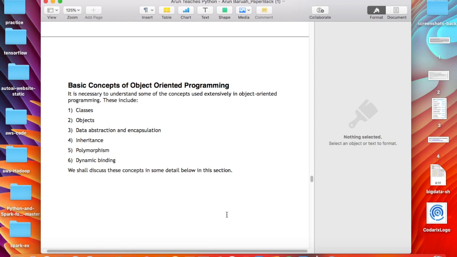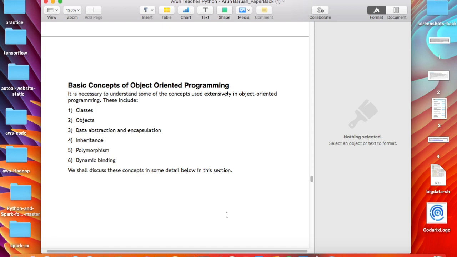Okay, now let us see some basic concepts of object oriented programming. Okay, it is necessary to understand some of these concepts which are used extensively in the object oriented programming languages, or the object oriented construct.